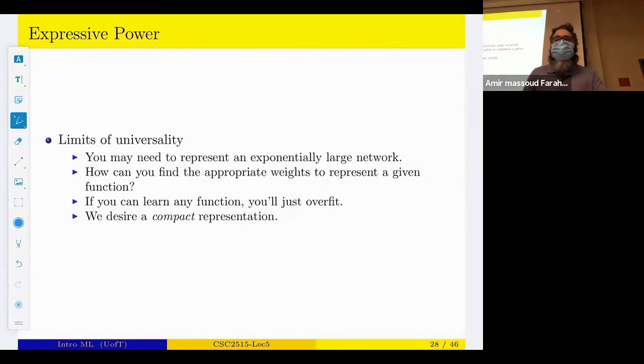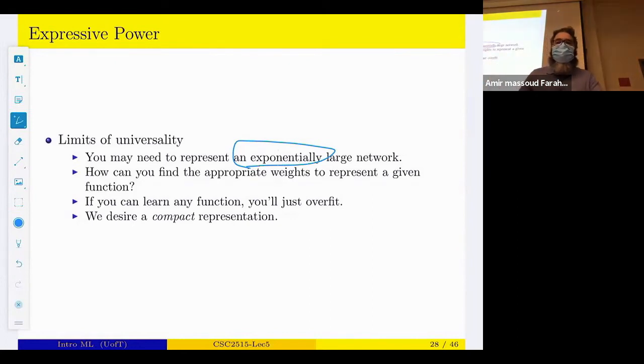The problem with it is that, first of all, you usually need a very large network, exponentially large in the dimension of the input. That's one issue. And usually we can have a much smaller network if we go to a deeper architecture. But if it is a shallow architecture, like one hidden layer, you usually need a lot of units.